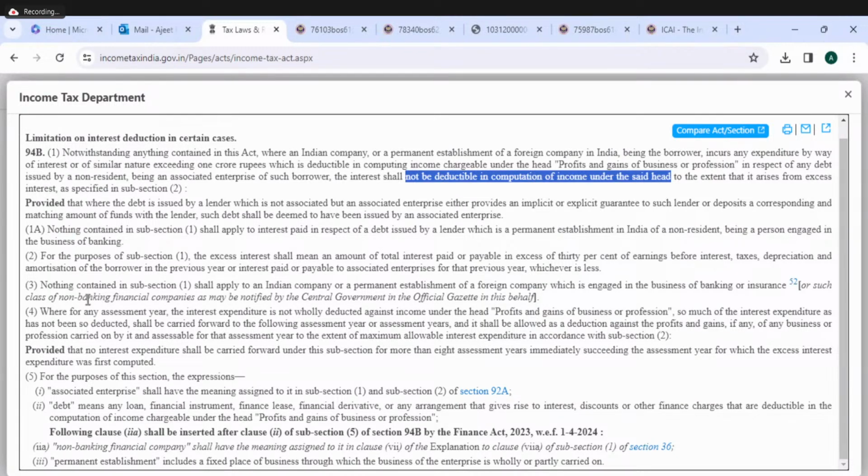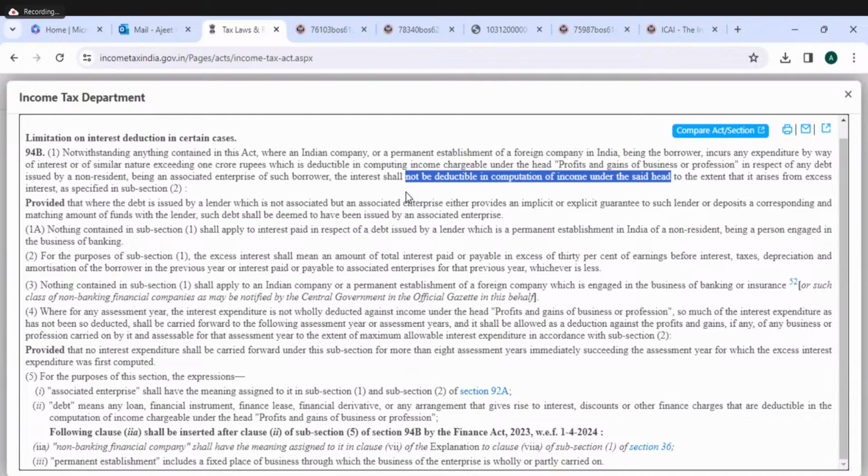That will be in subsection 2. So first of all, there is a restriction on the amount which is deductible in computation of income under the head PGBP. It means the government is allowing only up to a certain limit that interest deduction in case of an Indian company or PE of a foreign company when they are incurring interest expenditure for a non-resident AE.